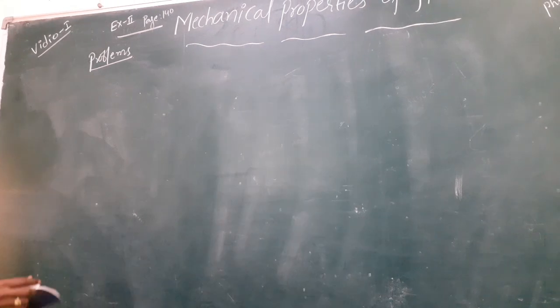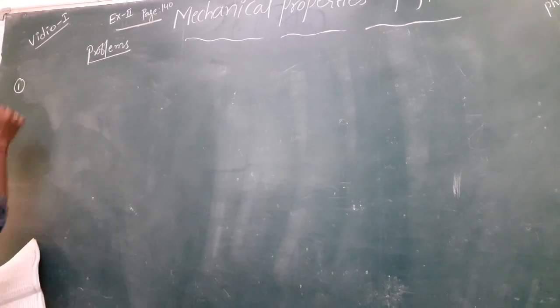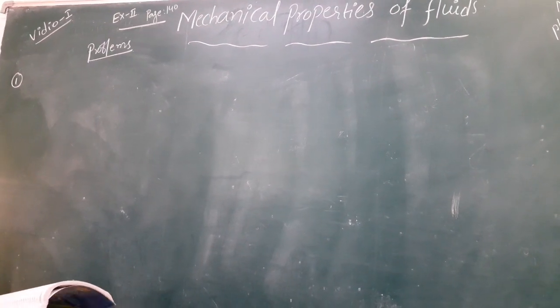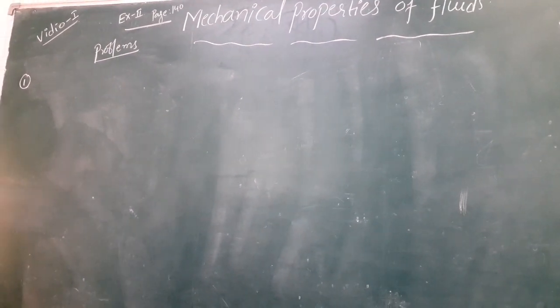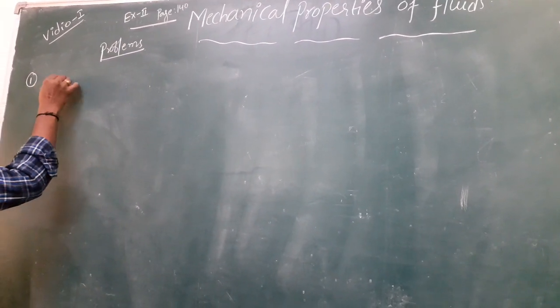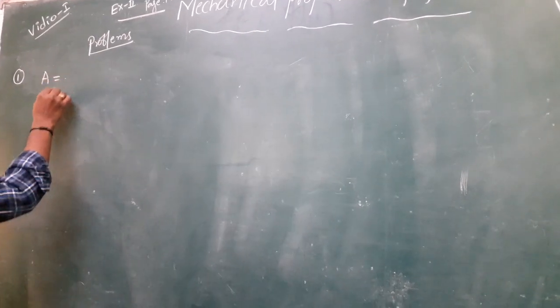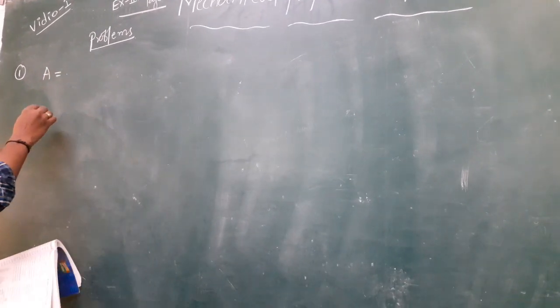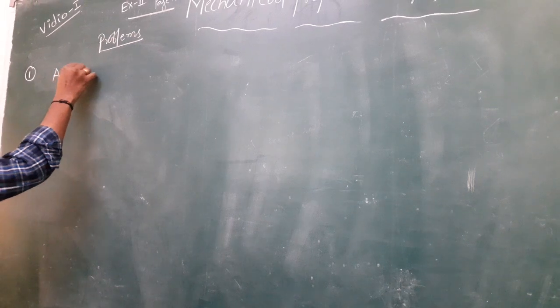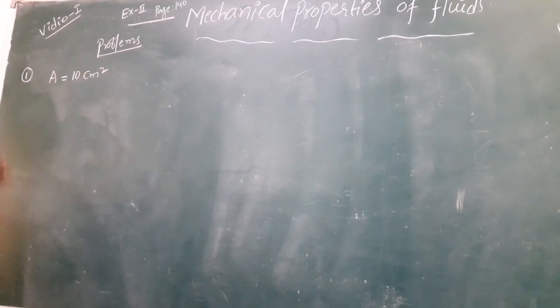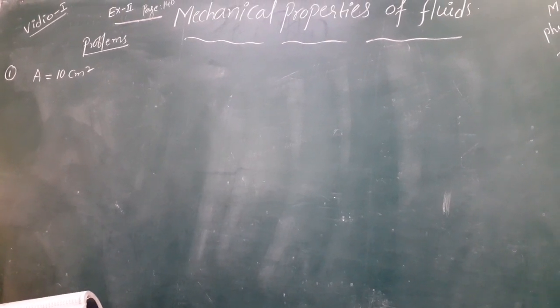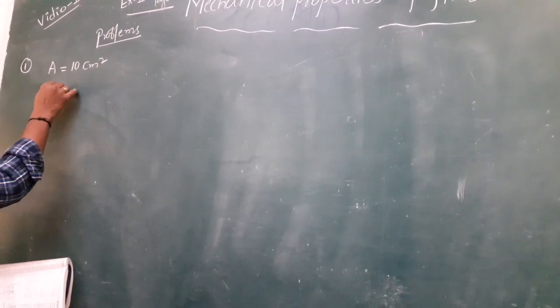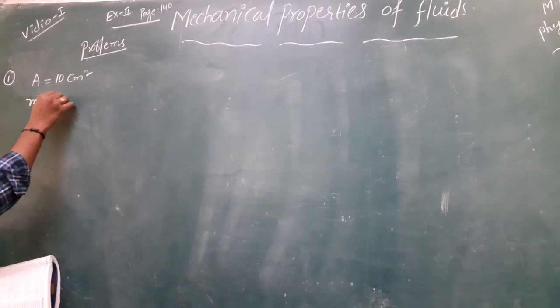So problem number 1. Two thigh bones, each of cross-section area 10 centimeter square, support the upper part of the human body of mass m equal to 40 kg.